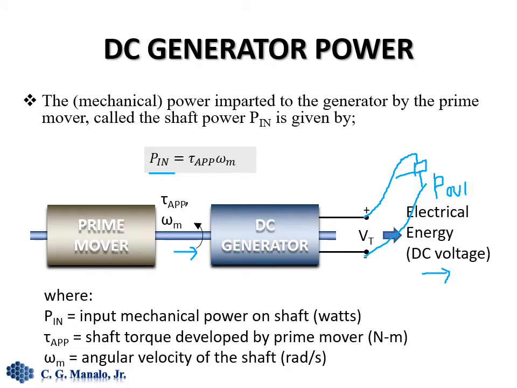We would like to know what is power out, and we know that that comes from power in, but due to losses in the transmission of power or in the conversion of power, we need to know what are those losses so that we'd be able to compute for the power output of the generator and eventually have a good estimate of the efficiency of the generator.